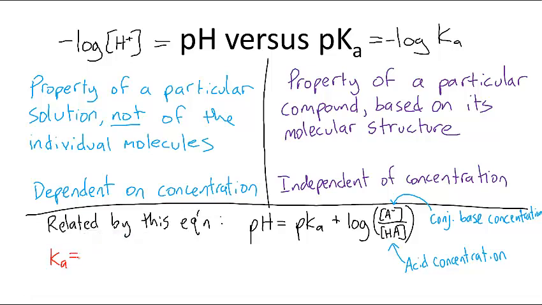Ka equals concentration of H plus times concentration of A minus divided by concentration of HA. Essentially, if you take that equation and you take the negative log of both sides and then rearrange it, you get this equation over here on the right. So it's not a new equation.